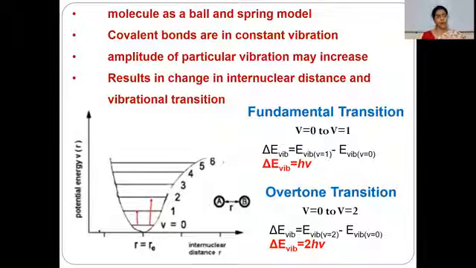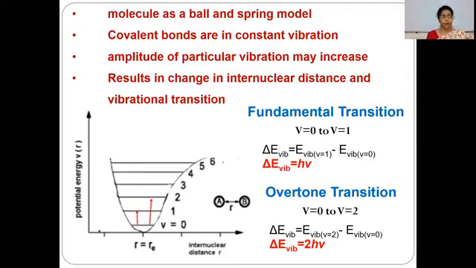When the transition involved is from V0 to V2 state, this type of transition is known as overtone transition, and the band obtained by this transition is known as overtone band.